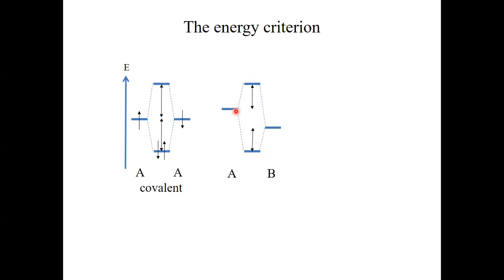Well, first of all, you see that the energy difference between the atomic orbital and the molecular orbital, which is closer to it, is smaller in comparison to this case. Okay.